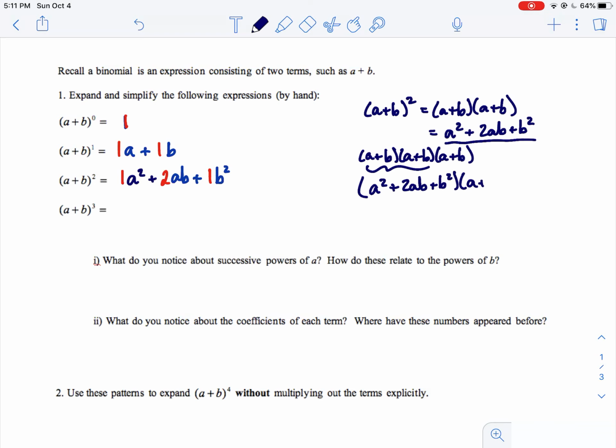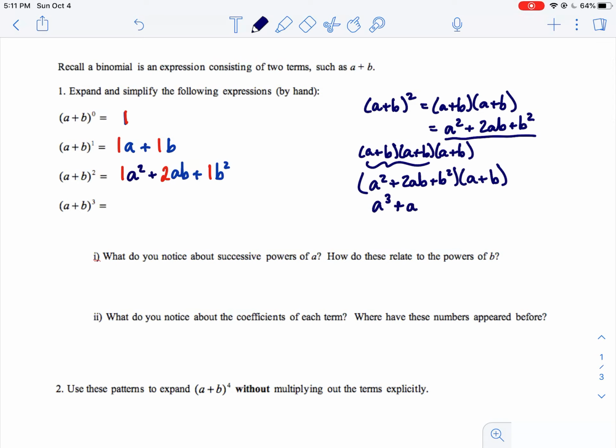So then I'm going to multiply that by a plus b. So a squared times a is a cubed. A squared times b is a squared b. Then 2ab times a is 2a squared b, and 2ab times b is 2ab squared. Then b squared times a is ab squared, and b squared times b is b cubed. And we can already see how this is a bit of a pain.